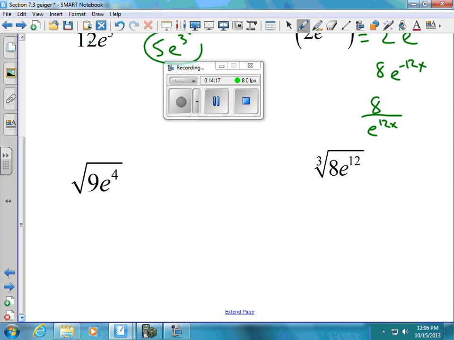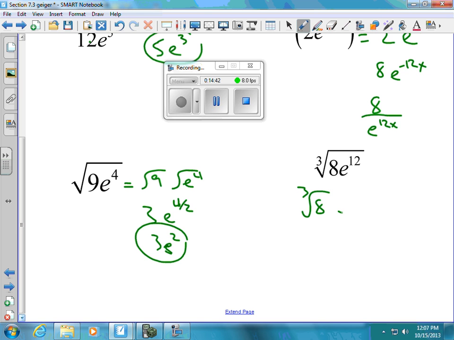Square roots. So we can square root 9, we can square root e to the 4th. Square root of 9 is 3. Square rooting e to the 4th would be e to the 4 over 2. 4 over 2 is 2, so e squared. That's 3e squared. And finally, the cube root of 8 times the cube root of e to the 12th.